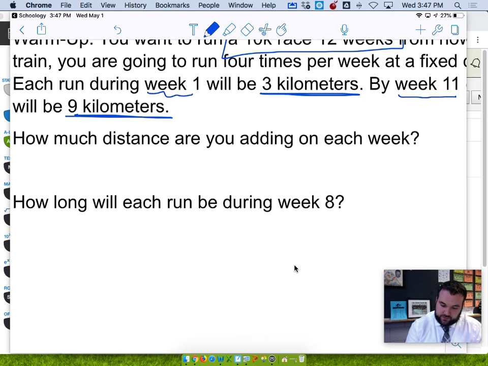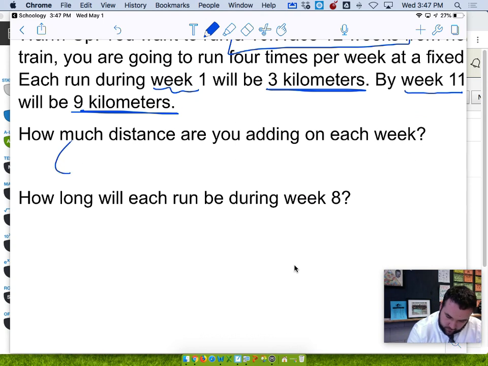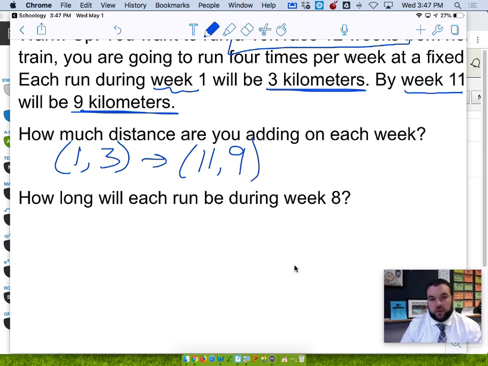So if we think about this, in week 1 we are running 3 kilometers each. And by the time we fast forward to week 11, we are running 9 kilometers each run. So we can kind of treat this like slope from back when. How much is that distance changing over that time?